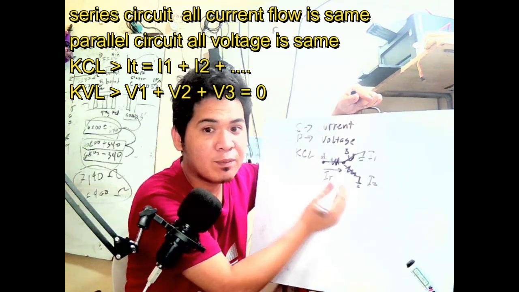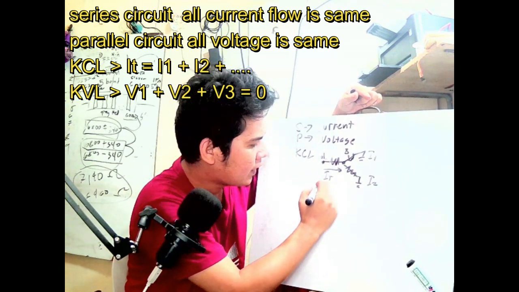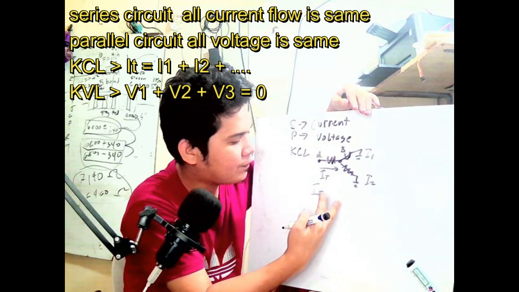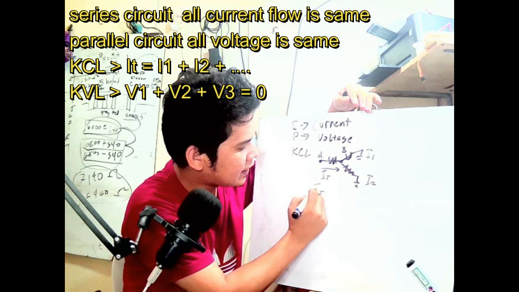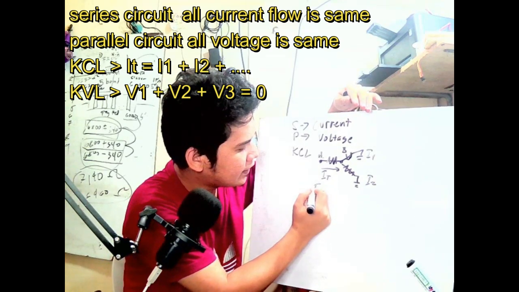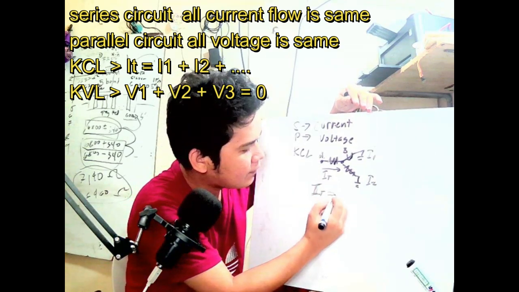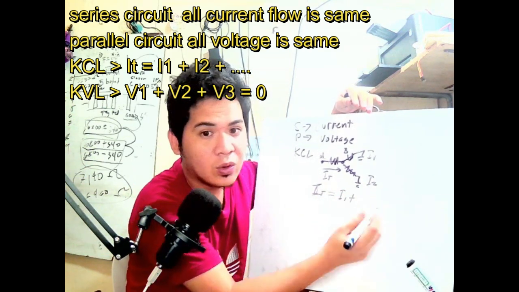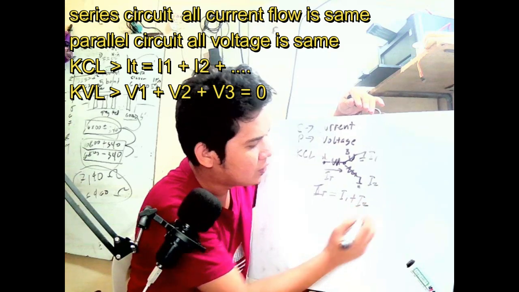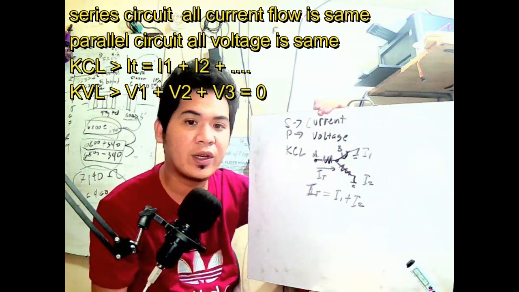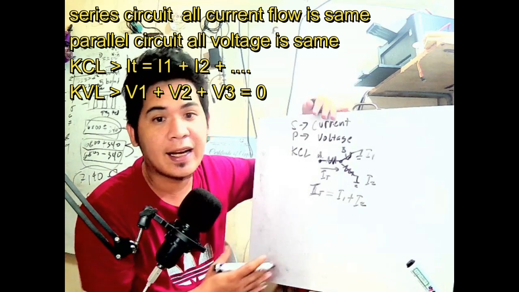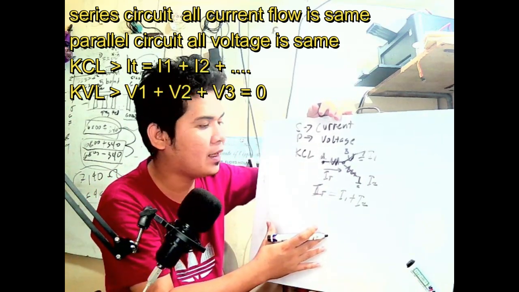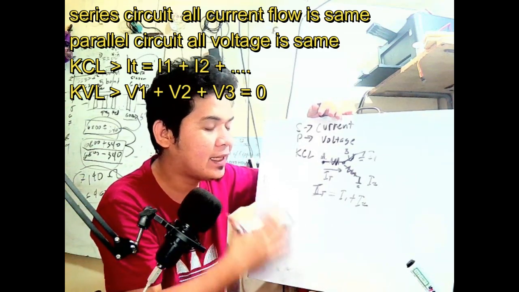Isa lang naman siyang pumasok sa node B, which is yung ating I total. Okay? So, ito yung ating formula for KCL, for the current. Ginamit natin to sa parallel na connection.